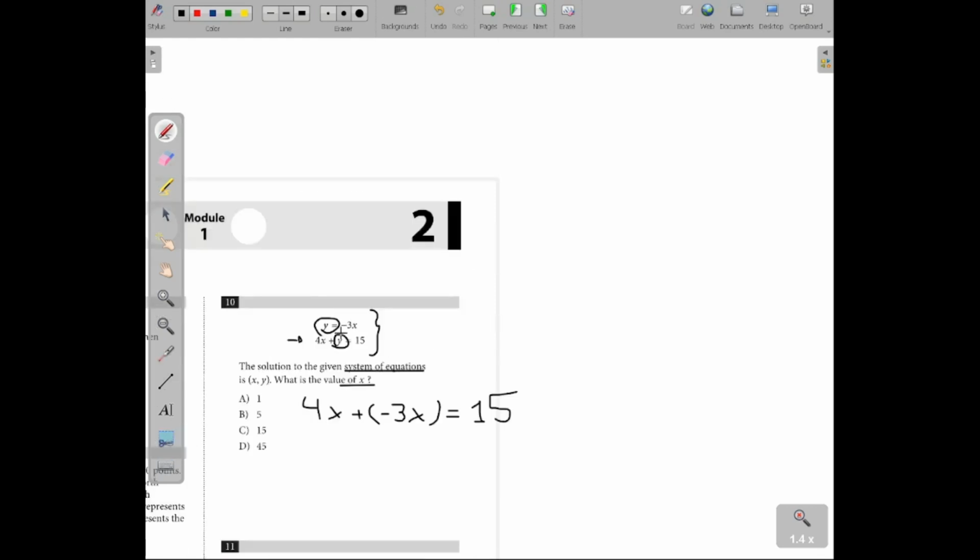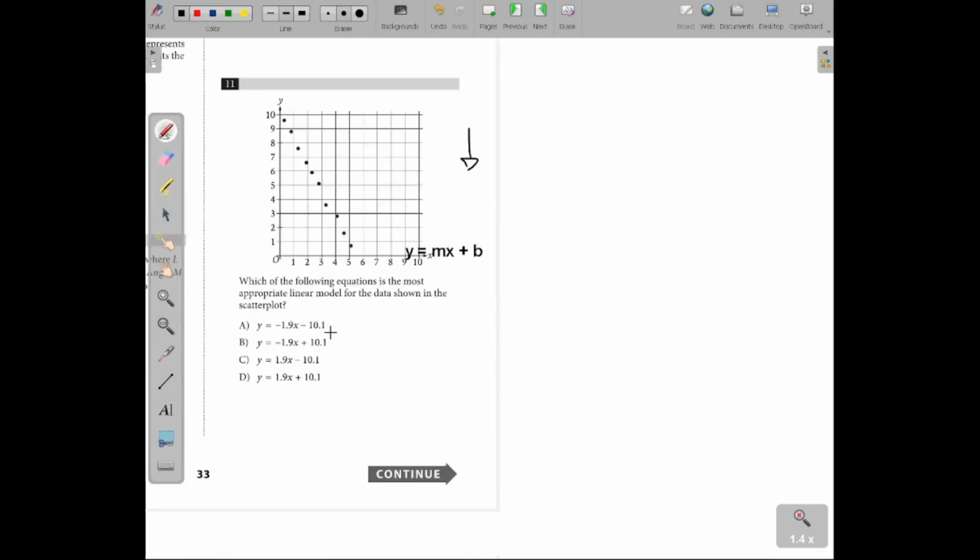No. 4x minus 3x is equal to positive x, and x is equal to 15. So our answer is C.